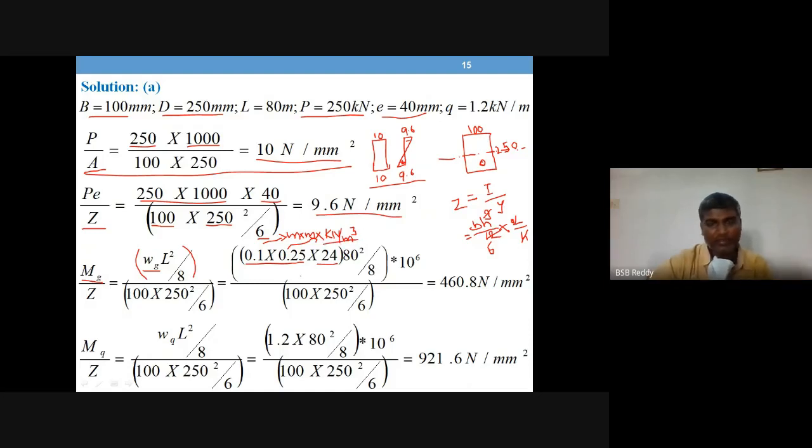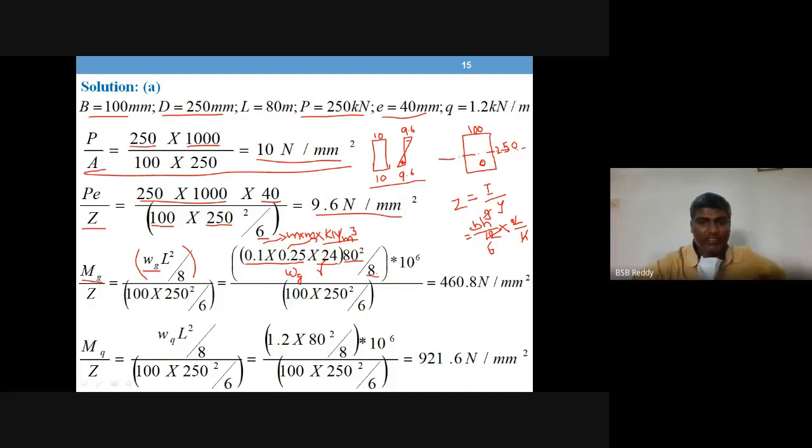So 100 converted to meters, 0.1, and 250 by 1000, so 0.25. B into D into gamma, this is the density of concrete, 24, into L square, L is 80, 80 square by 8. This is WG, the total WG value. B into D into gamma is WG.